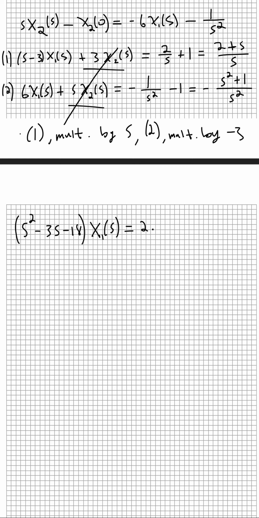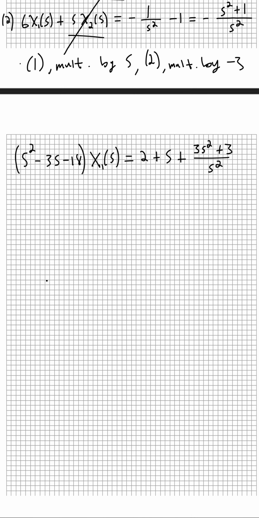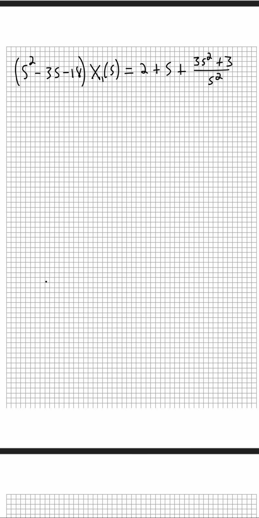And this will be 2 plus s, okay, plus 3s squared, all right, plus 3, all divided by s squared, okay? So that's what you get after you perform that correctly.